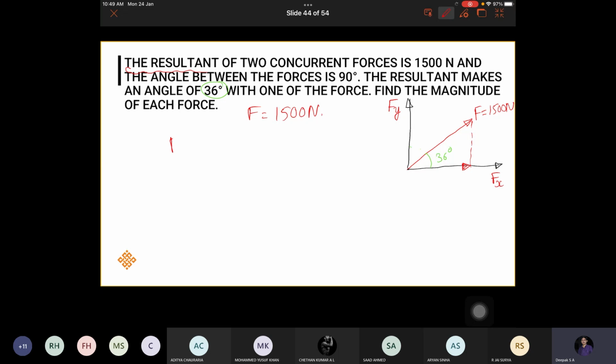What is Fx? Is this the adjacent side or opposite side? Adjacent. So this will be opposite. Now, to find the adjacent, which one do I use, cos theta or sin theta? Cos theta. That means Fx is equal to F cos theta. Is it correct?